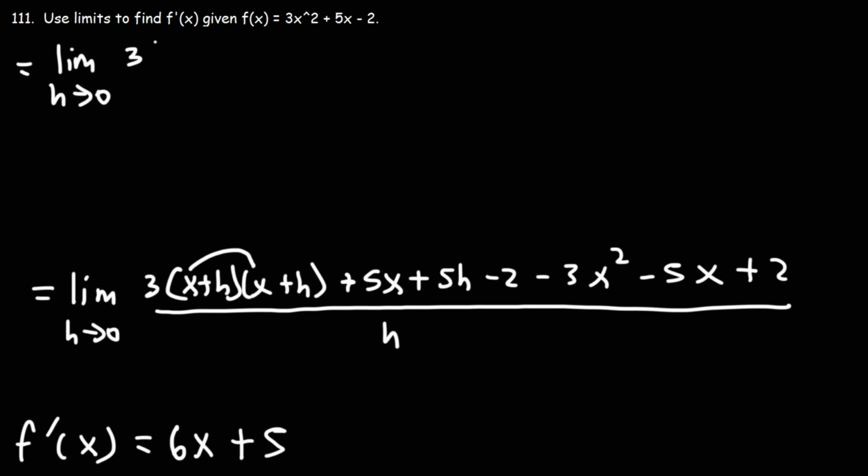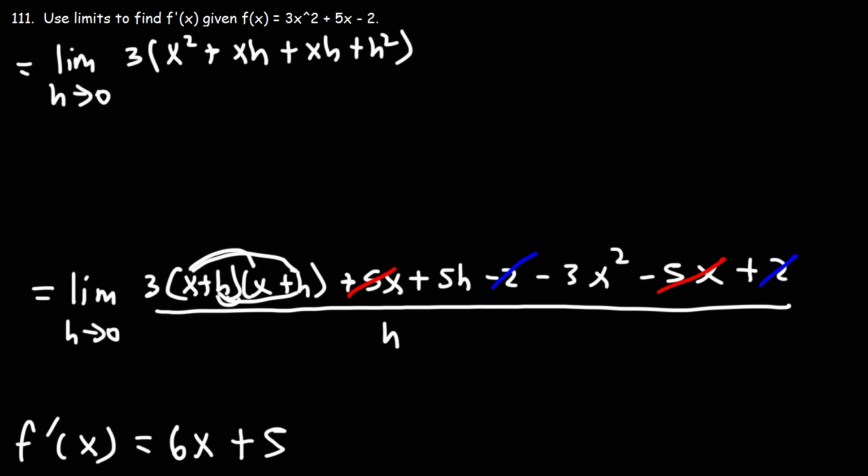So this is going to be 3, and then x times x is x squared. This is going to be x times h. H times x is also xh. And then this is h squared. 5x and negative 5x will cancel. And negative 2 and positive 2 will cancel.